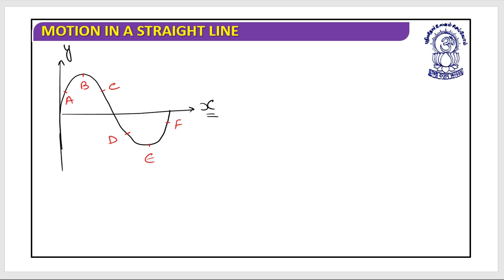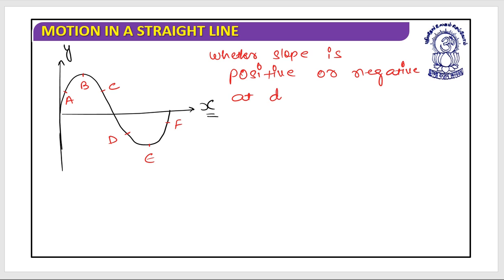That means we need to find out whether the slope is positive or negative at different locations.